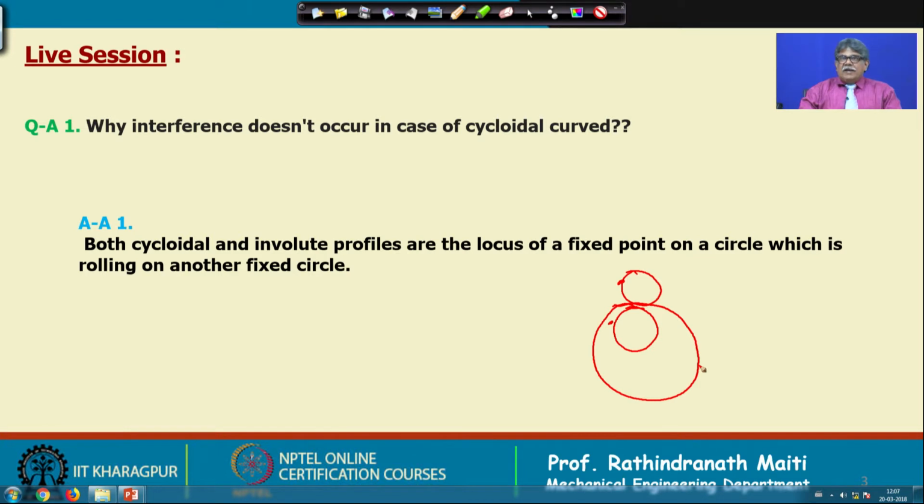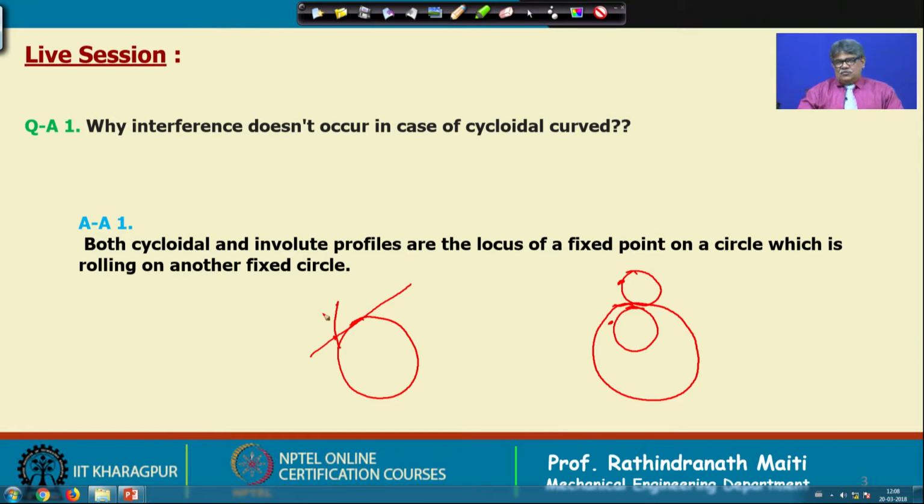Combining these two gives the cycloidal tooth. On the other hand, the involute tooth is generated by a rolling circle which is a straight line, and the point is here. So, this gives the involute. Now, we cannot roll the rolling circle inside in the case of involute.